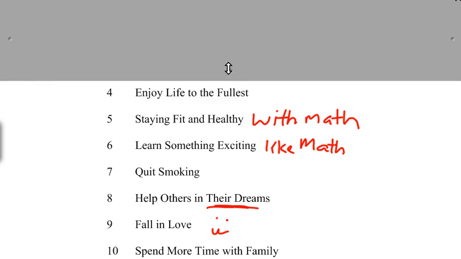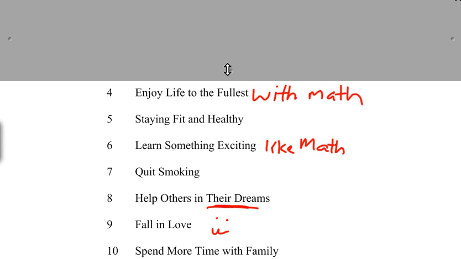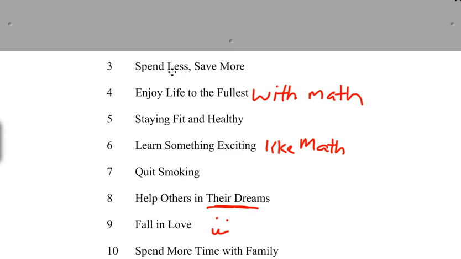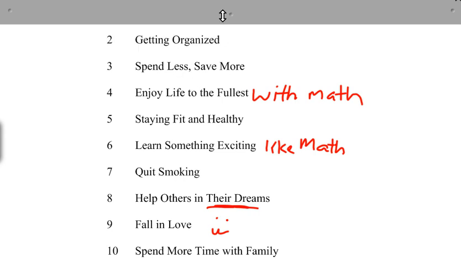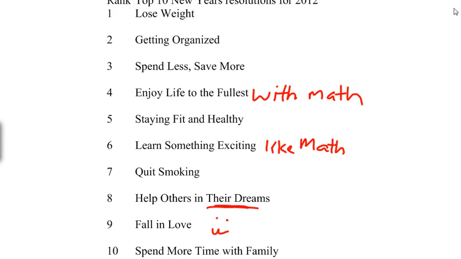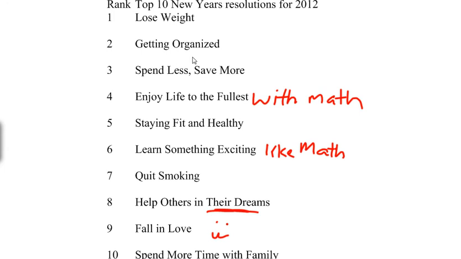Number 4, enjoy life to the fullest. And I'm just going to drag this up here with math. Spend less, save more. That's kind of boring. Number 2, getting organized. That's boring too, huh? People are boring resolutions. And number 1, to lose weight. That's actually pretty good. Alright, so there's your list. Maybe you're somewhere on that list too.